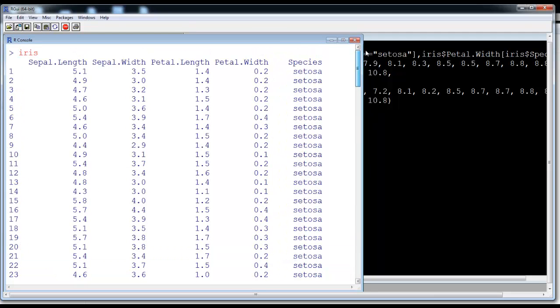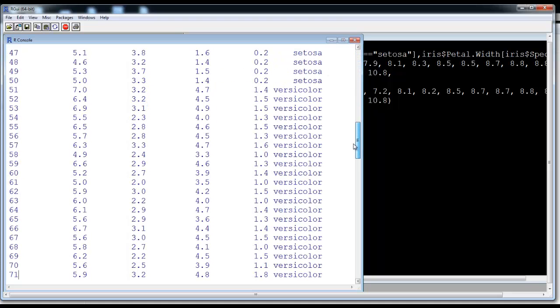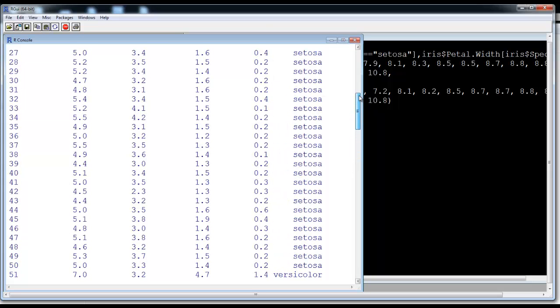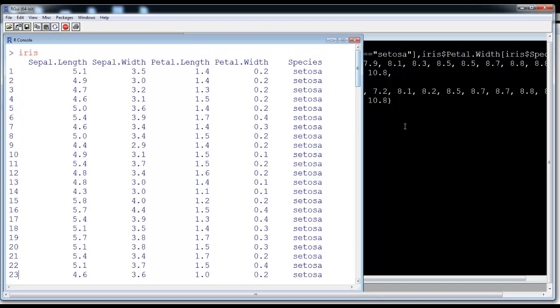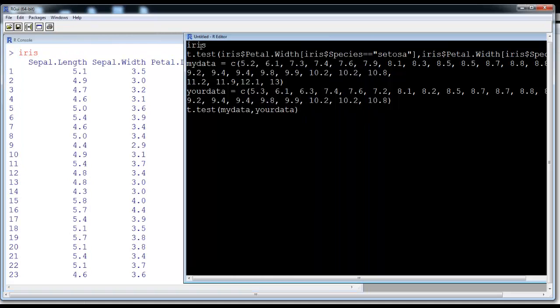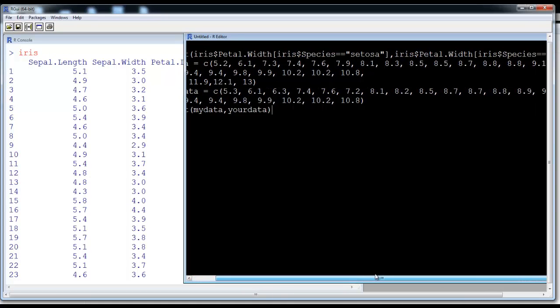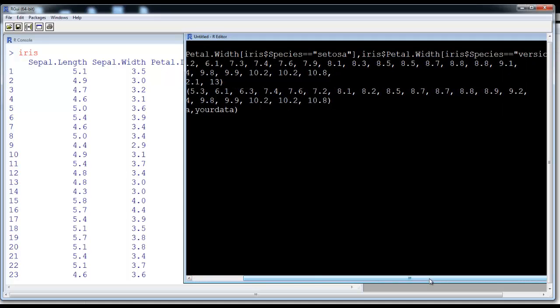And here now we are going to compare two data series. We will compare petal width of setosa with petal width of species versicolor and see whether these two data series come from the same population. So that is what the command is, t.test, and then instead of one I just have put the second here.